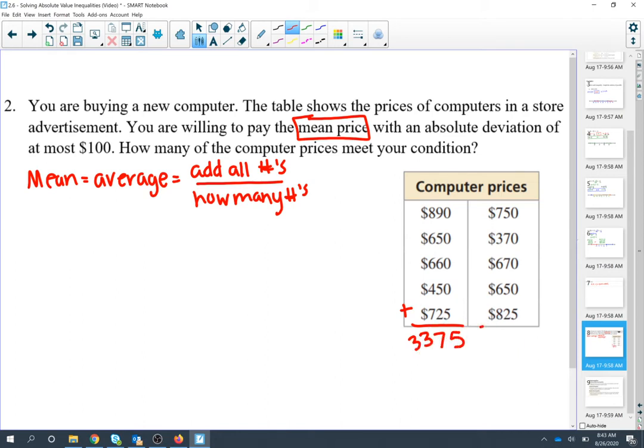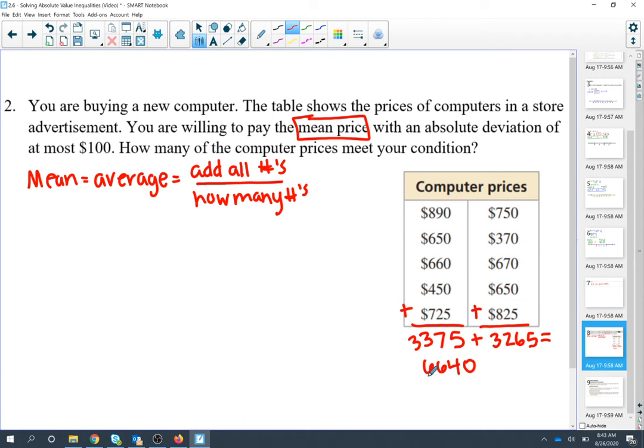3,375. Then I'm going to go to my next column. I'm going to add up these. So if I add up 750, 370, etc., I get 3,265. And then I have to add them all. So now I'm going to add up these two, which is going to give me 6,640. So that's all my numbers added up.